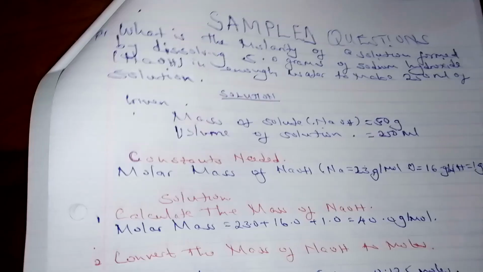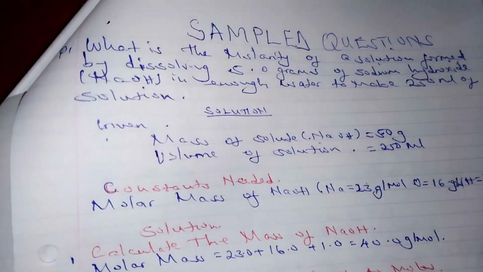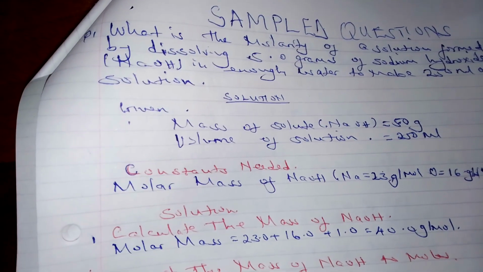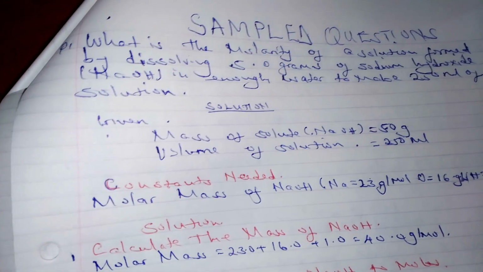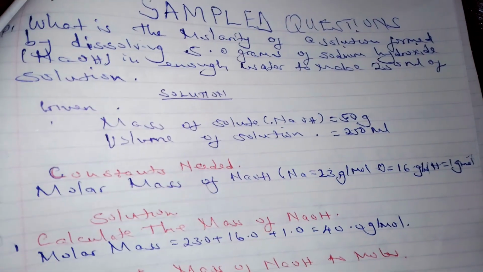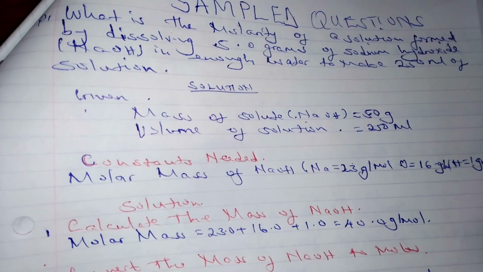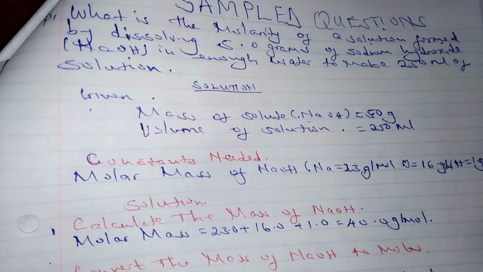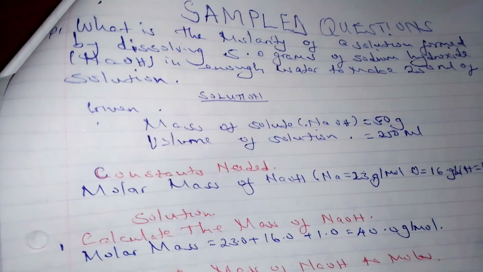The Form 3s can have many challenges because they are new in this topic of mole concept. So question 1 reads: what is the molarity of a solution formed by dissolving 5 grams of sodium hydroxide in enough water to make 250 mL of solution? This is how this question is supposed to be answered.